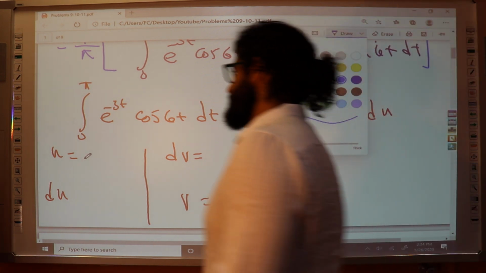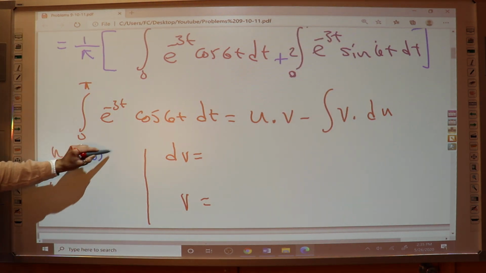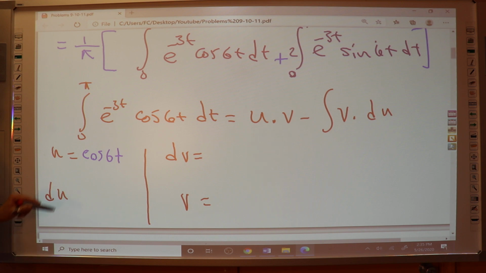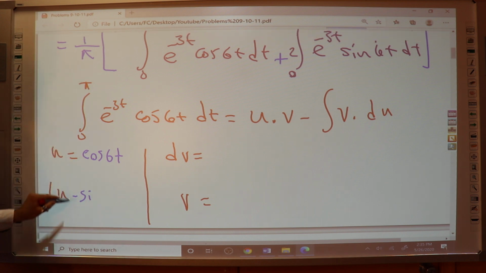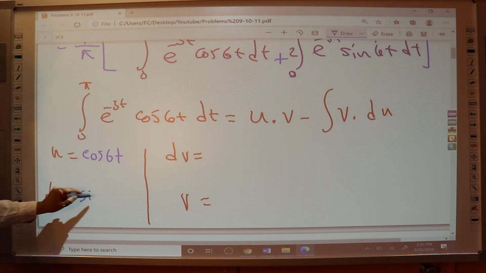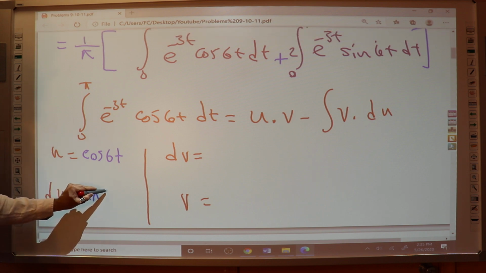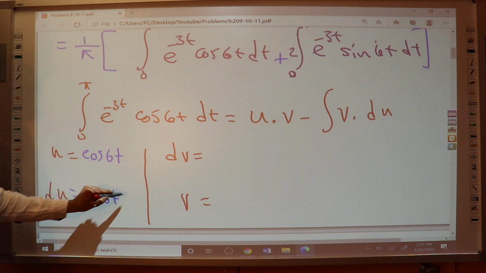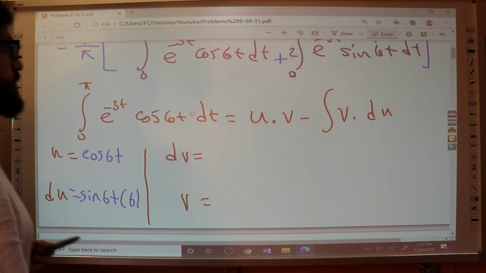What's u going to be? u is equal to cosine 6t. du is going to be, small handwriting, negative sine 6t times 6. I think we have to erase it. Yeah, just clean it up a little bit.